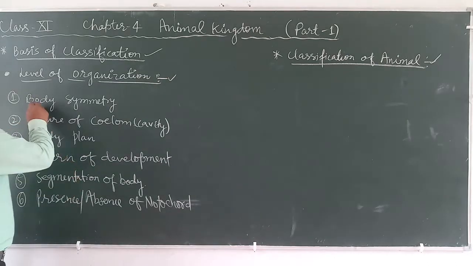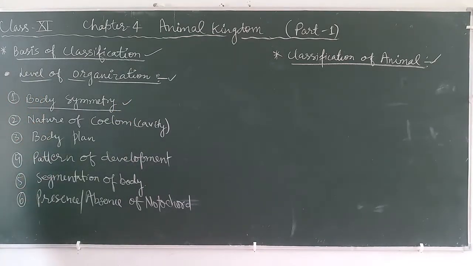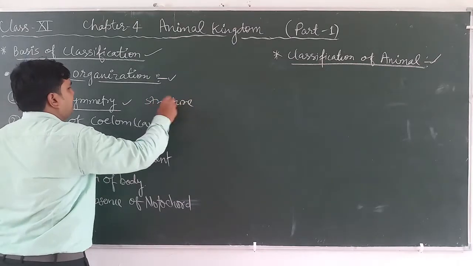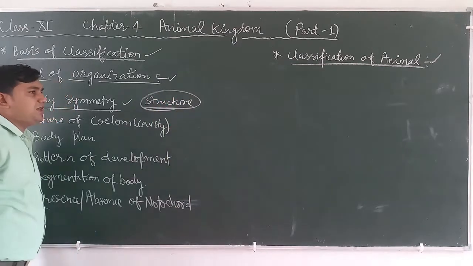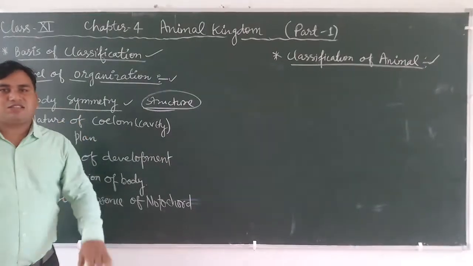First one is body symmetry. In body symmetry, the primary structure of the animal is important for the classification.